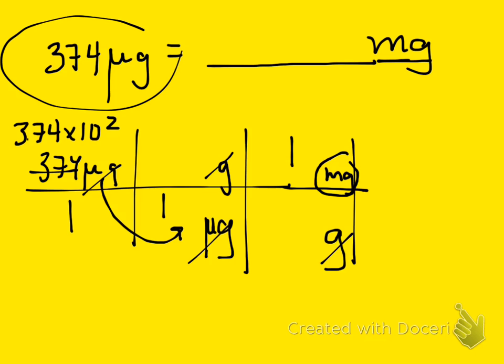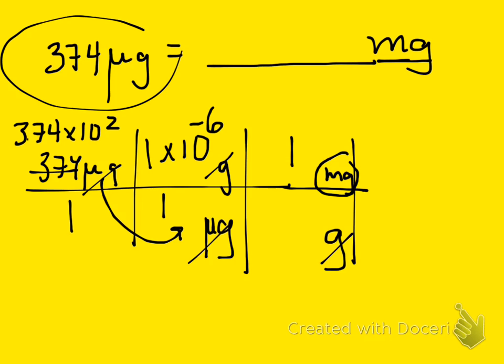If there's a prefix there, stick a number 1 in it so you don't do anything stupid. Your powers of 10 always go with your base. Always, always, always go with your base. So, micrograms, the base is what? 1 times 10 to the -6, right.